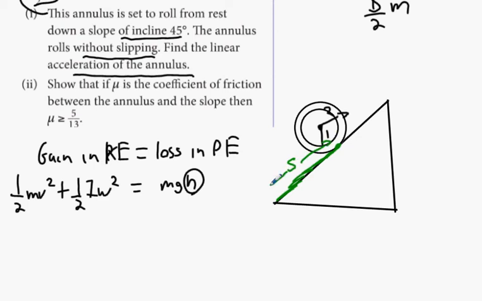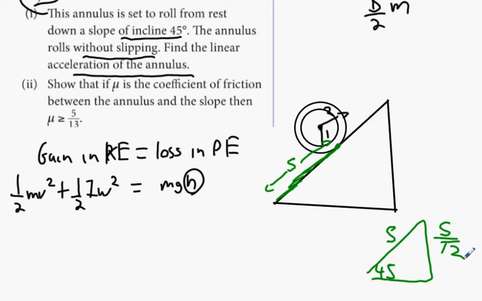S is defined as how far we're rolling down the hill. Is that right? How far we roll down the wedge. Therefore, s is at 45 degrees. S is the hypotenuse. That's 45 degrees right there. So it's going to be s over root 2 drop in height. Is that okay? S sine 45, s over root 2.